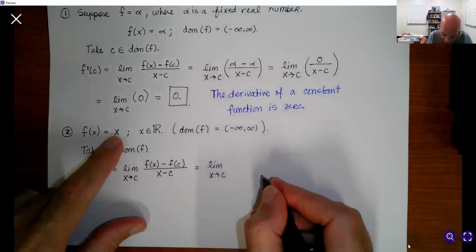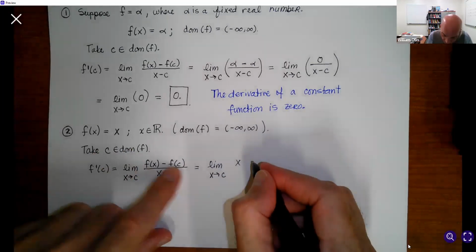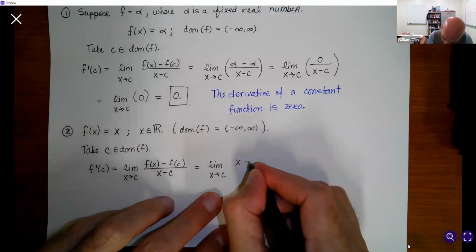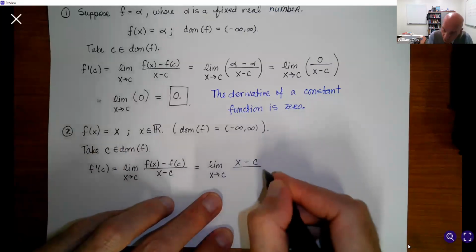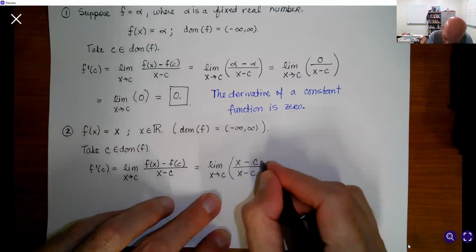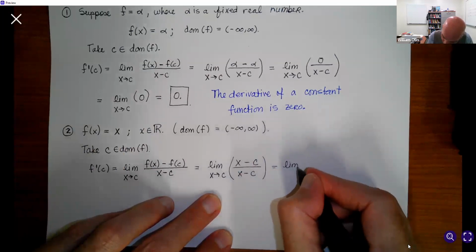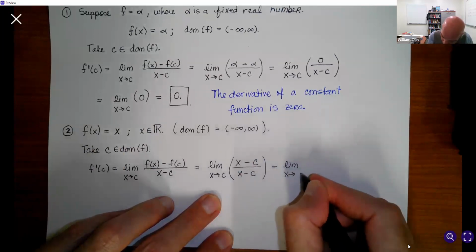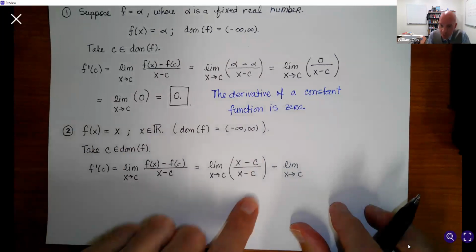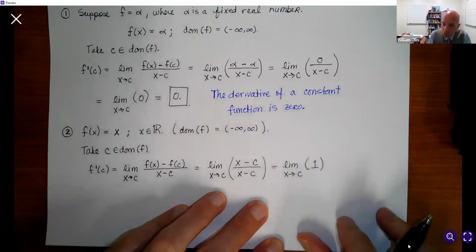So f of x is x by definition. And of course, f of c is just c upon substitution. Now, of course, this is well defined. x minus c is not zero. We don't have indeterminacy because x is merely approaching c. And so these cancel, and we just get 1 as the function.